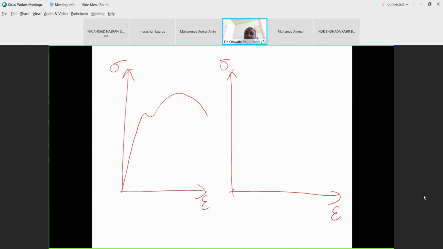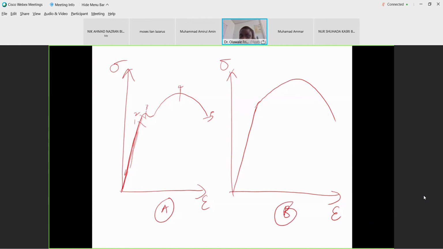Let me put a point here, a point here, a point here, a point here. This is A and this is B. On A, where is your yield stress? Number 3. Okay, somebody said this is the yield stress.